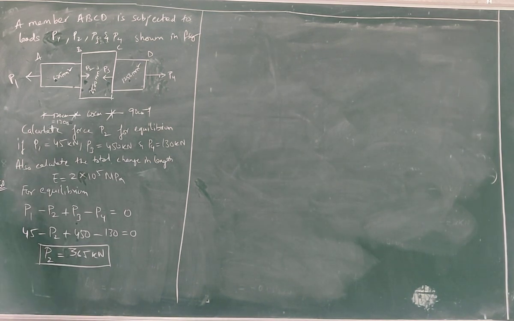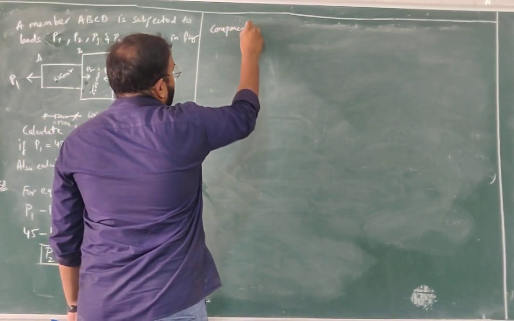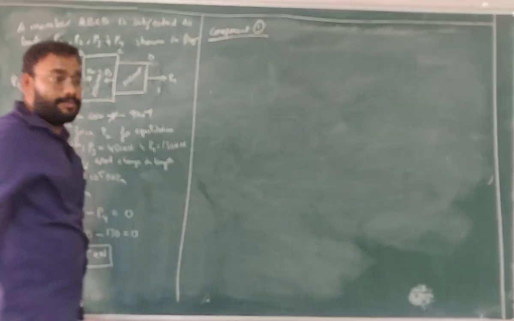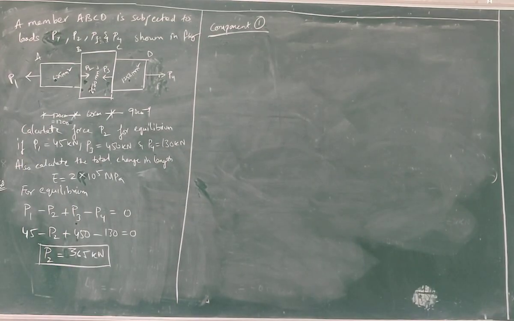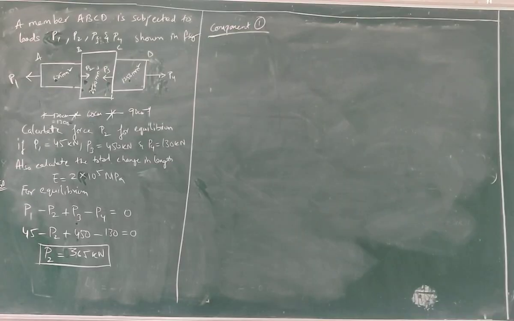Okay. Now, next we'll go to calculation of what? 365 is correct. Minus 450 plus 130 minus 45 is 365.